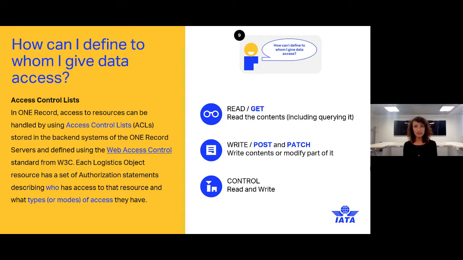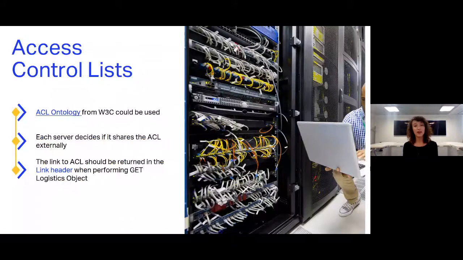In order to define this access control list, we suggest that the One Record server implementers could use the ACL ontology from W3C. As it is an internal object for the server, it's not a mandatory feature. The servers can define their own access control list model if they wish, and they are not forced to share this externally.